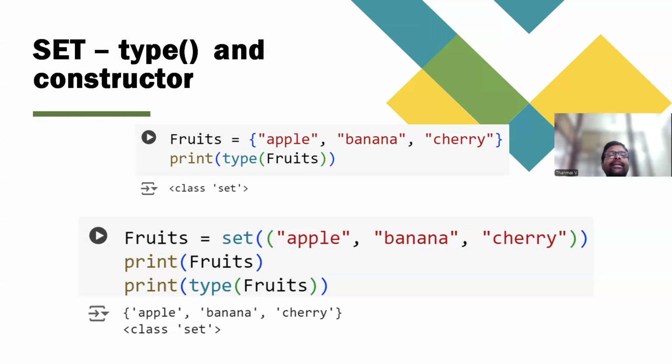So how do we represent a set? By using a set constructor. You can see here in the second cell, fruits, the name of the set, equal to the constructor called set, S-E-T, open the bracket and close the bracket. Within that bracket, you can keep the elements you want.